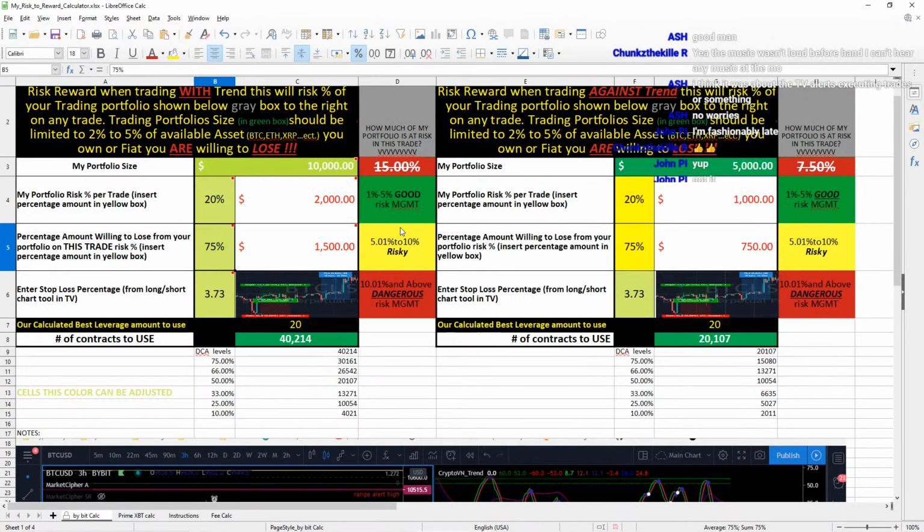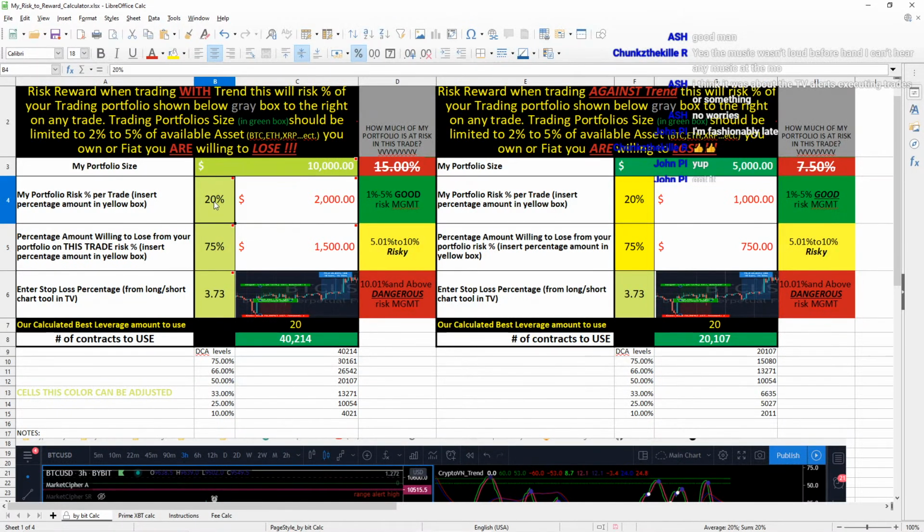These are just good general guidelines as to how to figure out risk, how much leverage, how many contracts to possibly lose this amount of money right here. And it's all intertwined.